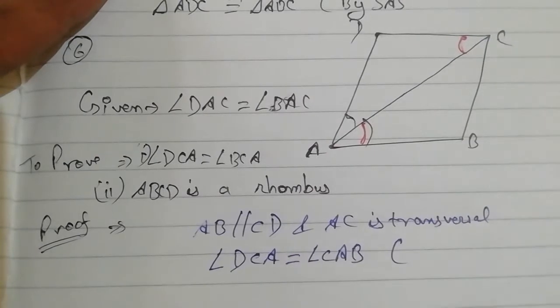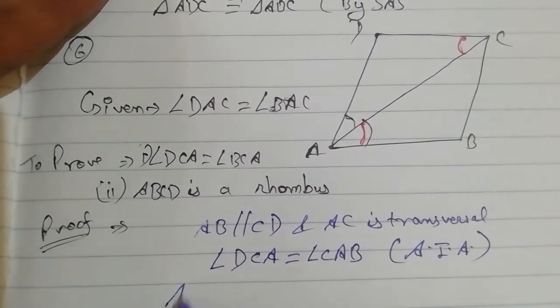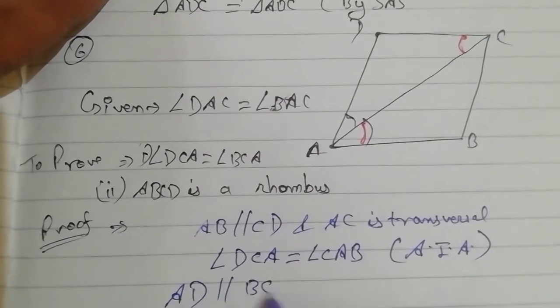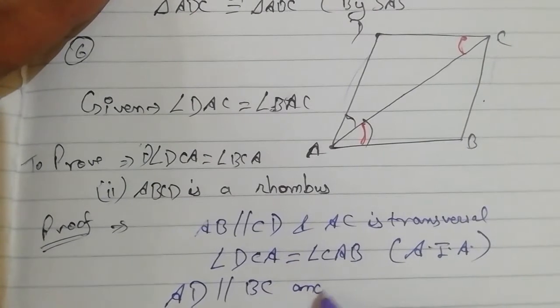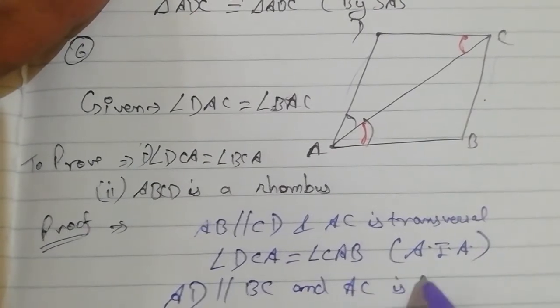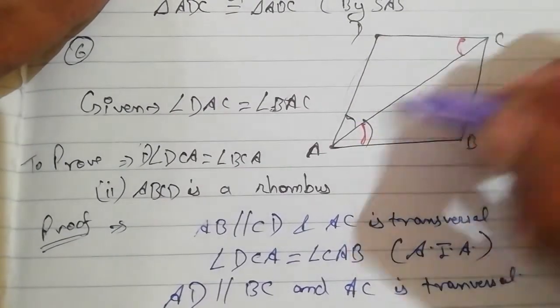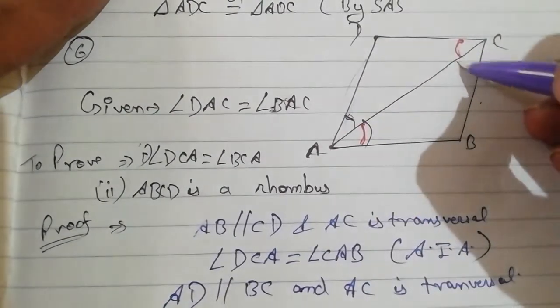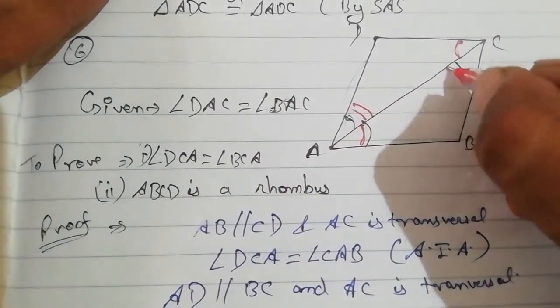So these are equal by alternate interior angles. Also we have AD parallel to BC. These two lines are parallel and AC is the transversal. So this is the Z, so we can say that this angle is equal to this one.